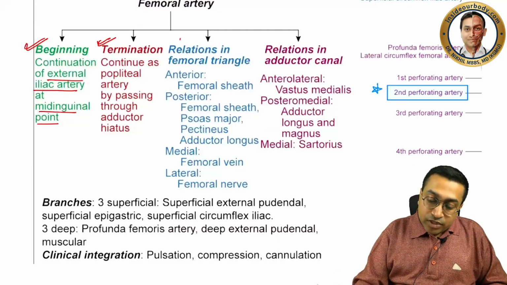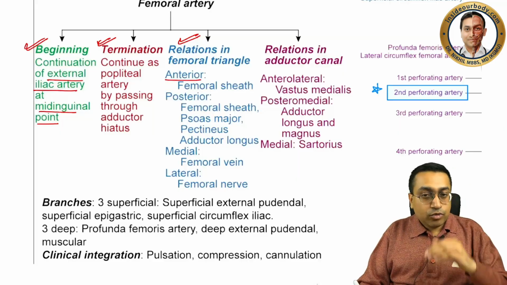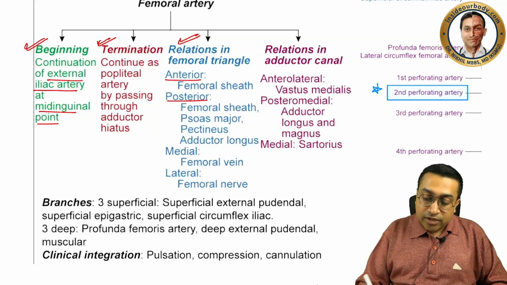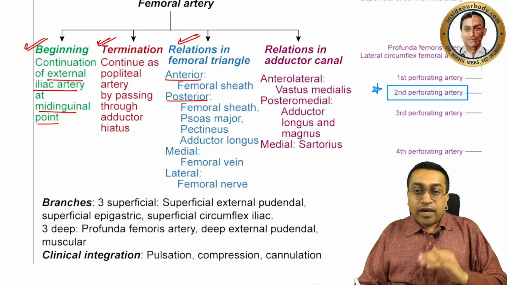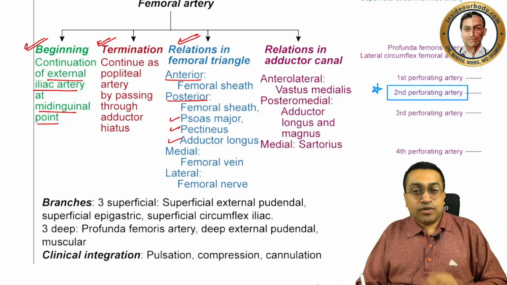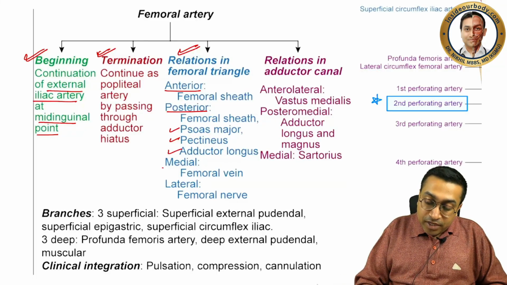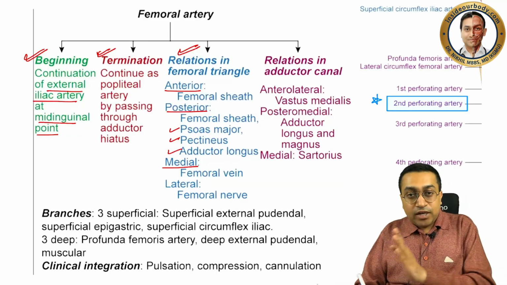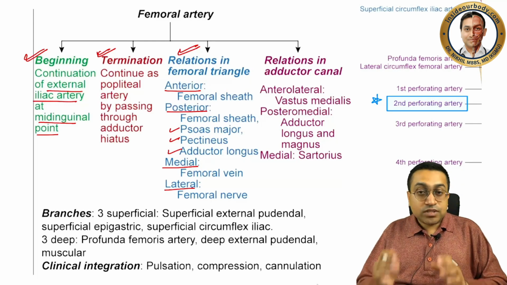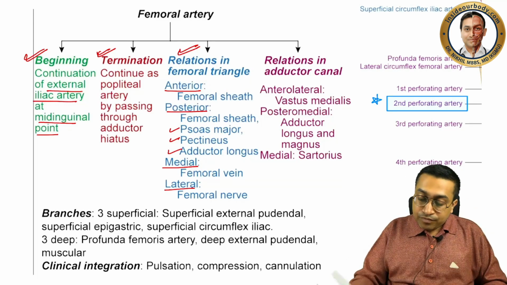Then we talk about the relations in the femoral triangle. We know that anteriorly we have the femoral sheath, posteriorly we have again the femoral sheath, and also the psoas major, pectineus and adductor longus. We have seen these muscles in the floor of the femoral triangle. Then medially we have the femoral vein, and lateral to the femoral artery, please remember, we have the femoral nerve.